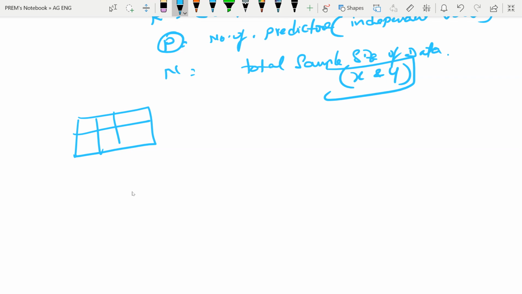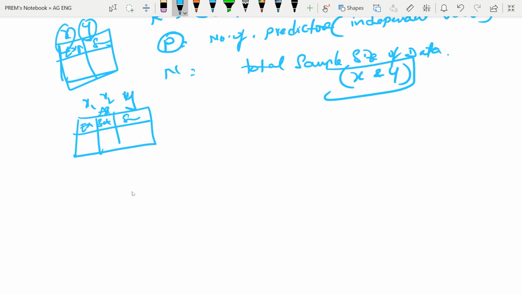In this data there is experience, age, and salary, so x1, x2, and y. Before, our data set was only x and y, experience and salary, so there was only one x and one target variable.